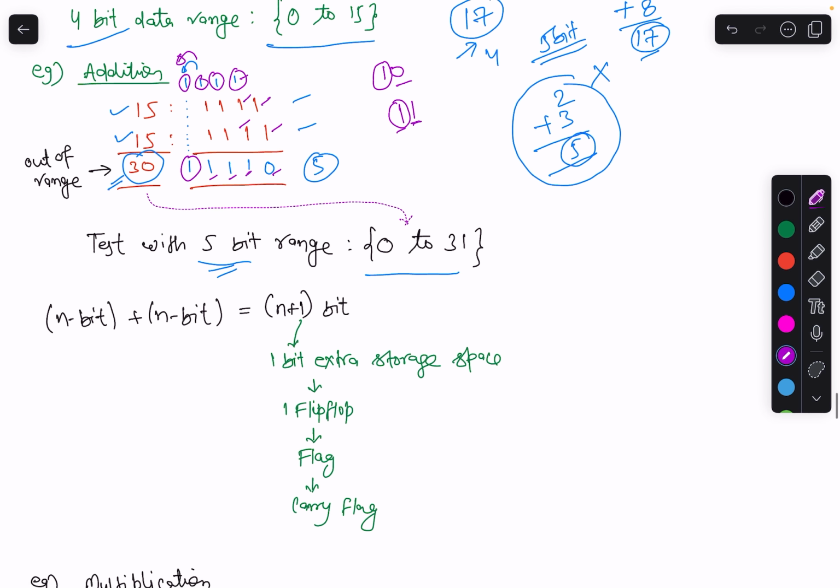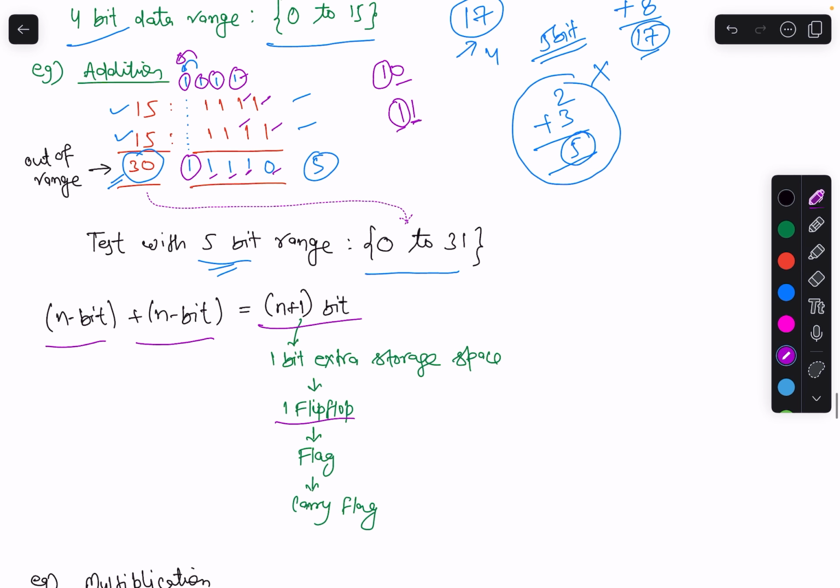So this is how we add numbers in binary. I just wanted to show you how to add binary numbers. We just talked about how if we want to add two n-bit numbers, we need n plus 1 bits to store the result, and that means we need one extra flip-flop.